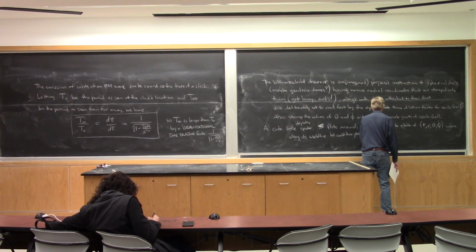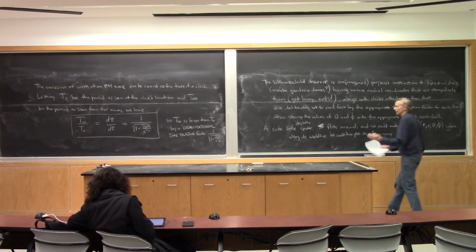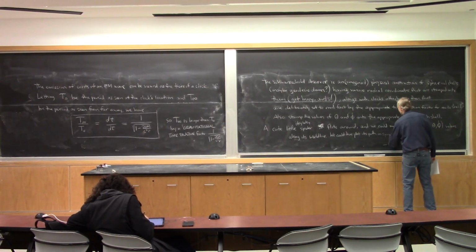We could plot its path in space, if we suppress time, because Schwarzschild coordinates have 4 dimensions. But you could imagine, okay, well, let's just look at 3 dimensions. We could plot its path in 3-dimensional space.